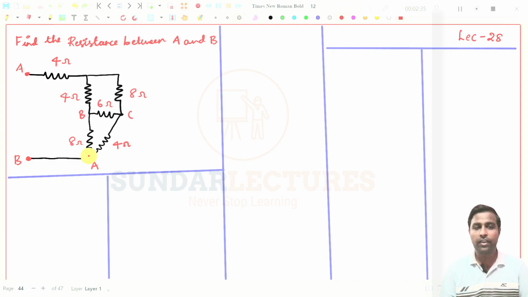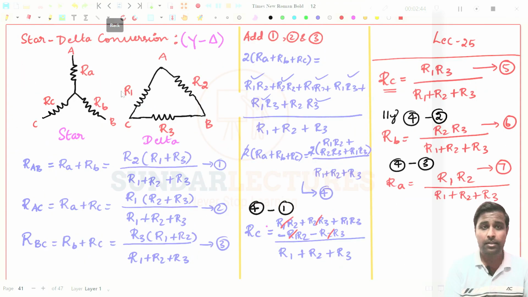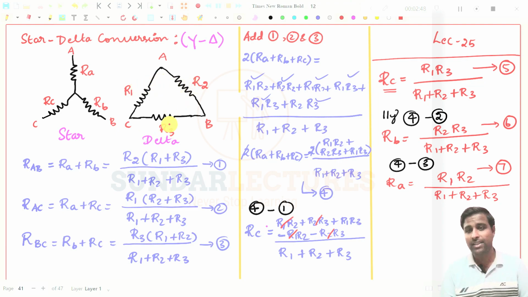Now we need to decide which is R1, which is R2 and which is R3. I have told you in the beginning itself: between point A and C, the resistor connected is R1. Between A and B, the resistor connected is R2.